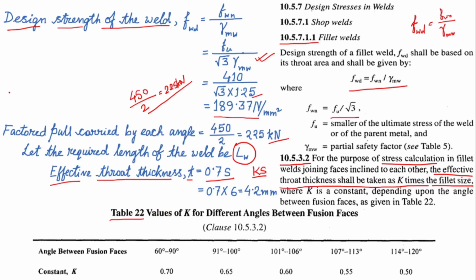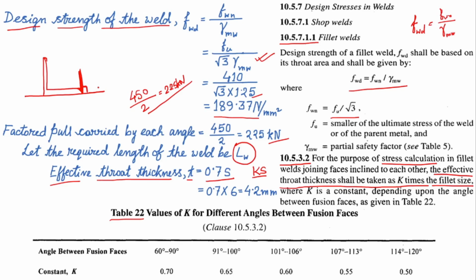Now what are these fusion faces? Suppose in one view I have taken, this is a gusset plate, and over the gusset plate I have to fix one angle. So this is our angle which is to be placed over the gusset plate. Now if I see, this is the angle between the faces of the gusset plate and the angle which are to be connected.